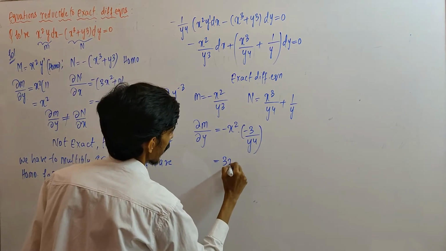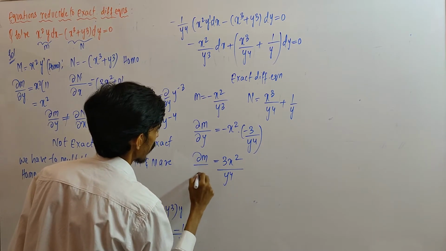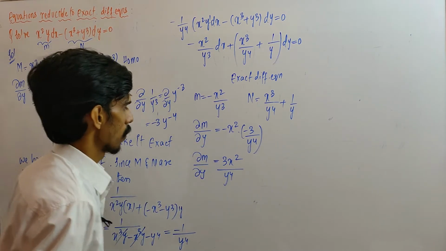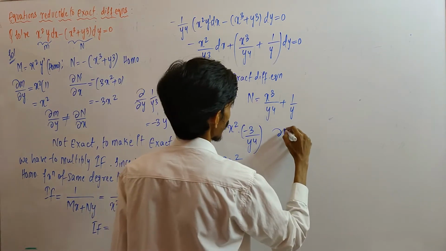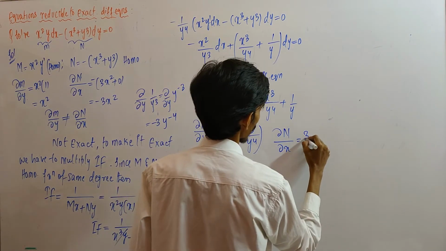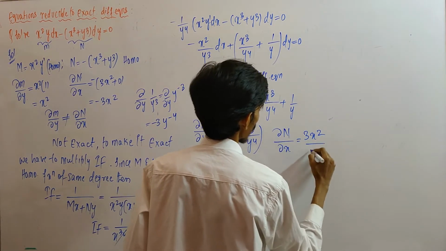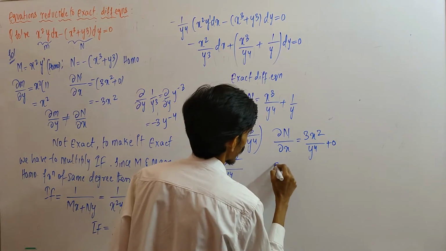This will become 3x square by y power of 4. This is the value of dou M by dou y. Now here we have N. Differentiate N partially with respect to x. So here I will get 3x square by y power of 4 plus 0.